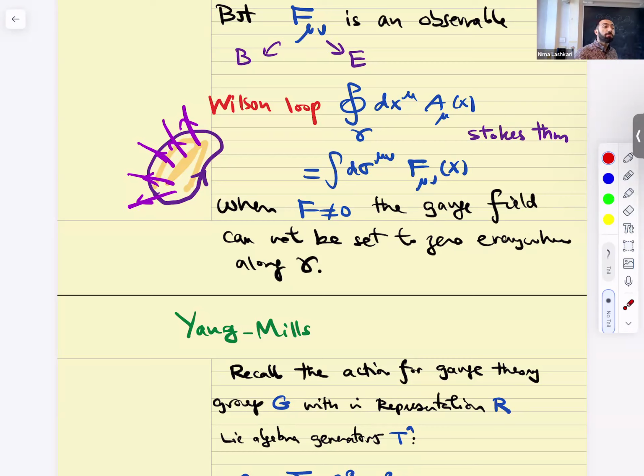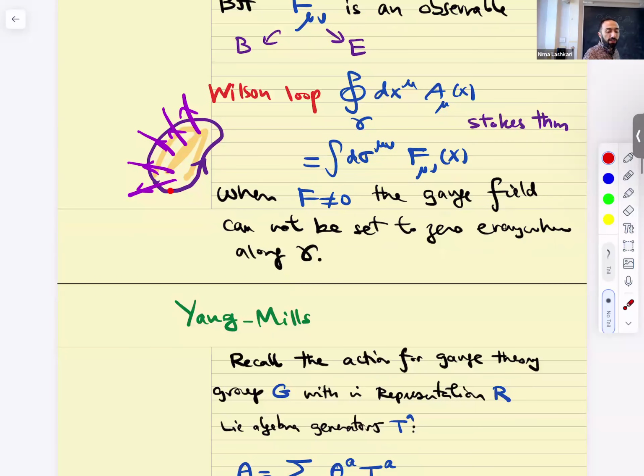This is precisely, we argued, a manifestation of the non-locality of gauge theories, right? The value of the field here depends on what's going on at a point which is space-like separated from it, right? That's a non-locality element.